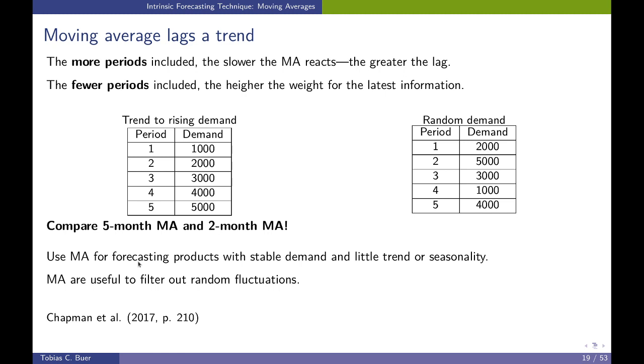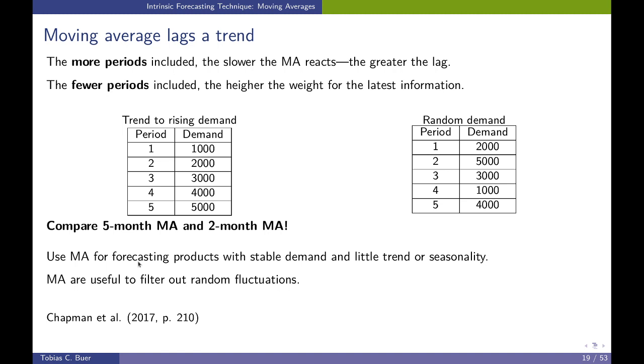But there are also the 5 demands: 1000, 2000, 3000, 4000, 5000. The average demand of both tables is the same. If we calculate the average over these 5 periods, then this is the same. But the sequence of the numbers is different.